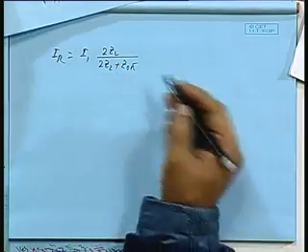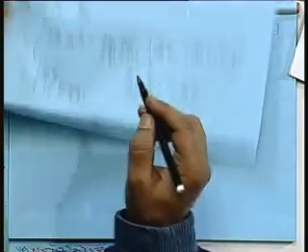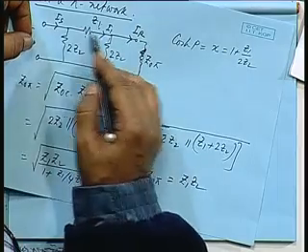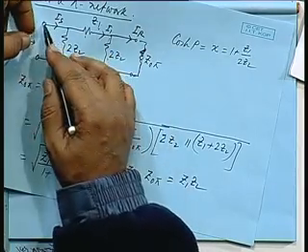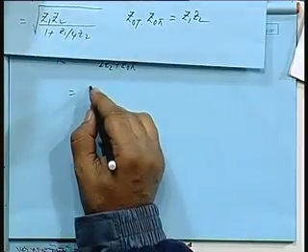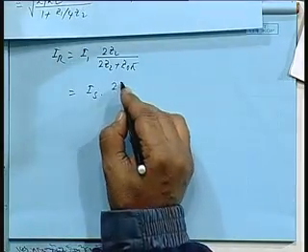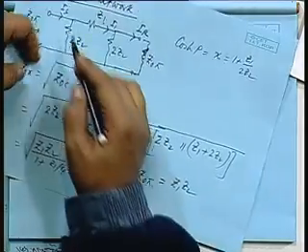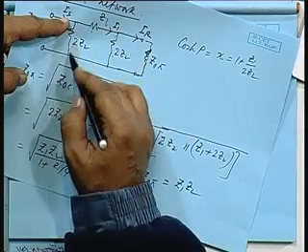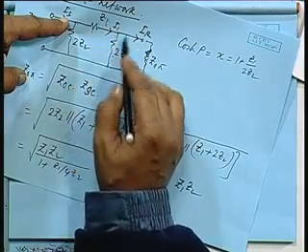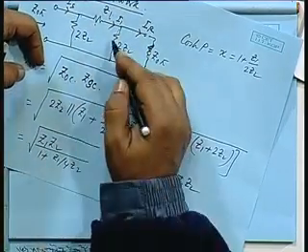Is that all right? And once again, I 1 is what kind of share this current will have from I s. It will be I s multiplied by this impedance twice Z 2 divided by the total impedance, which is twice Z 2 plus Z 1 plus parallel combination of these two.